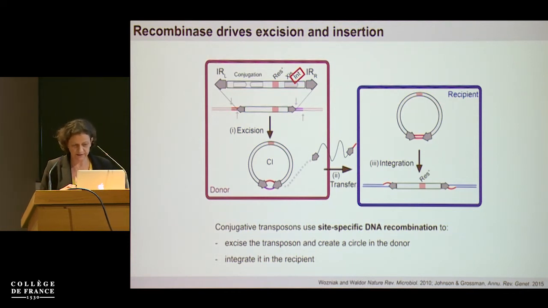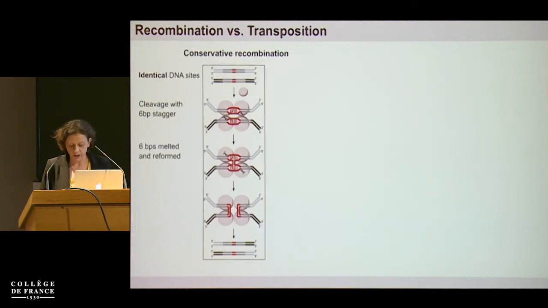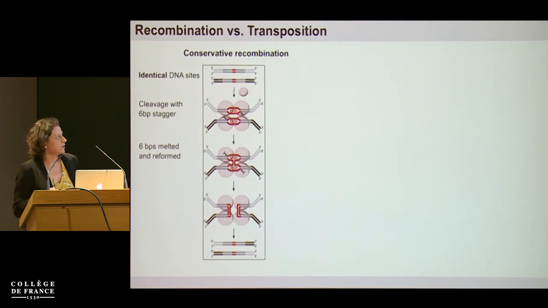So this process is in fact very similar to site-specific recombination, as you know it from the Cre recombinase and other canonical conservative recombination systems, which essentially strictly require homology between the DNA sites.